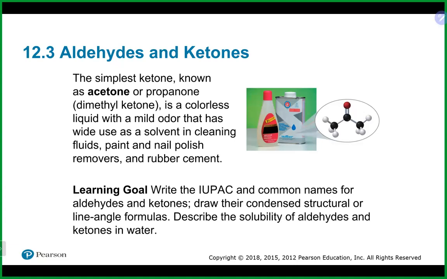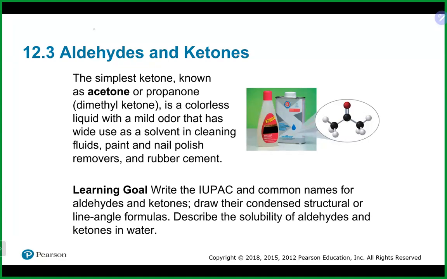All right, we're going to get to some other carbon-oxygen containing groups, and these are aldehydes and ketones, for which we saw how we make them. Again, we can make an aldehyde from a primary alcohol that gets oxidized, and we can make a ketone from a secondary alcohol that gets oxidized. So these are the end results of those oxidations.